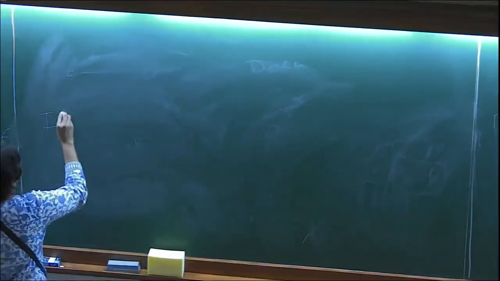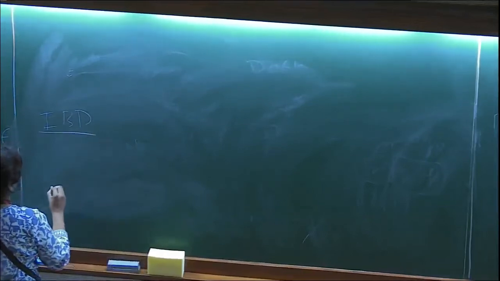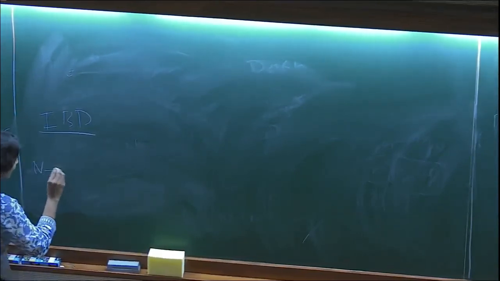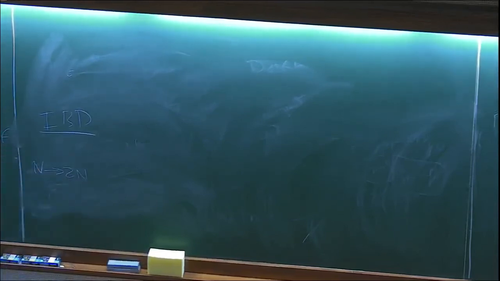So identity by descent. That is, I pull out 2 alleles which are exactly the same. So given that a population is of size n, there are 2n gametes, right? Each gives 2 gametes. The whole point of drift is it's a finite population size model, okay? So we have to get our hands dirty with n.